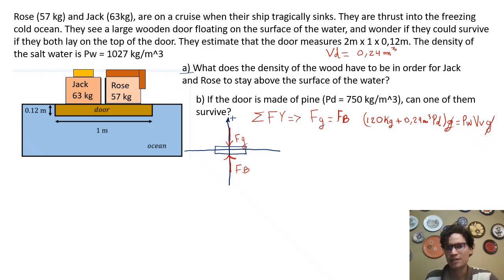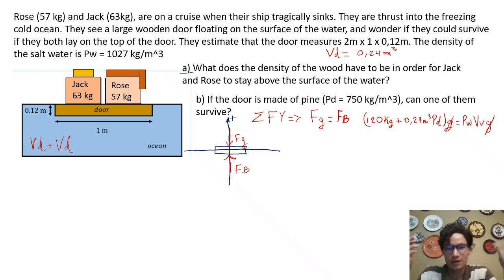The next assumption that we must make is that the volume of the door is equal to the volume of the water displaced. Why? Because we are looking for the maximum density for the door. So all the volume of the door must be involved.